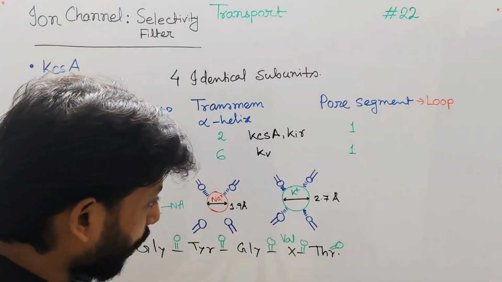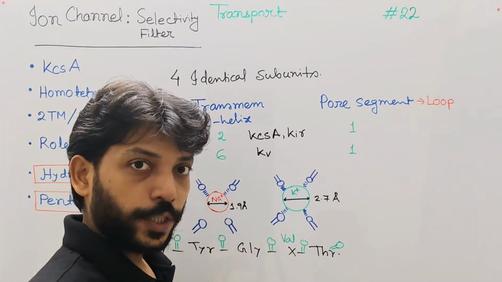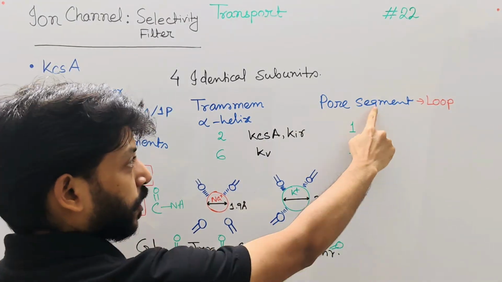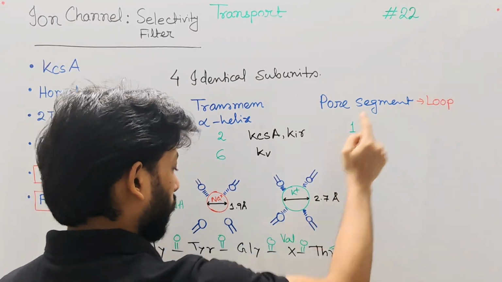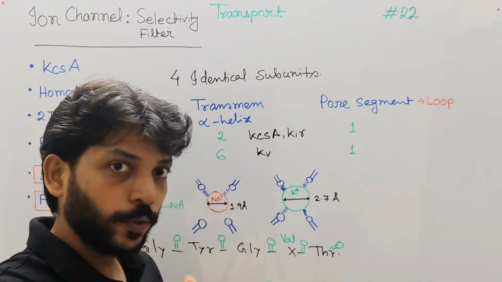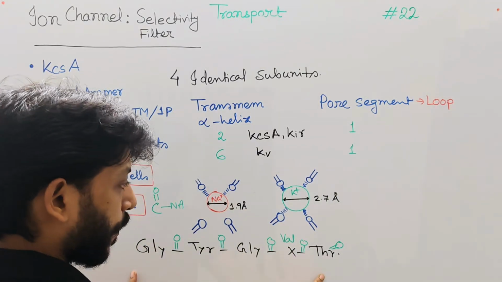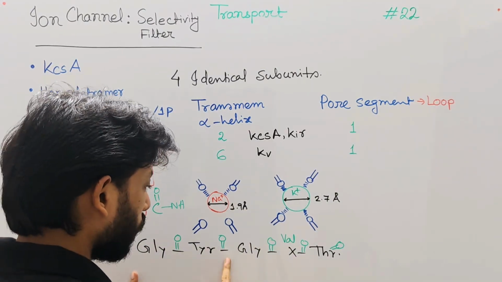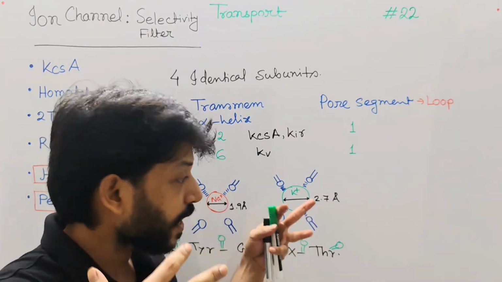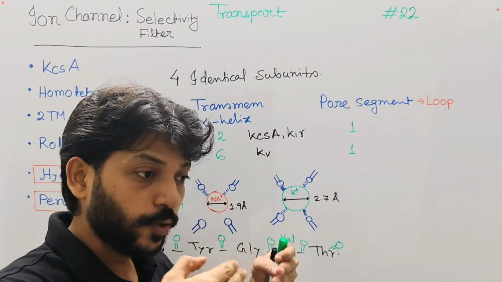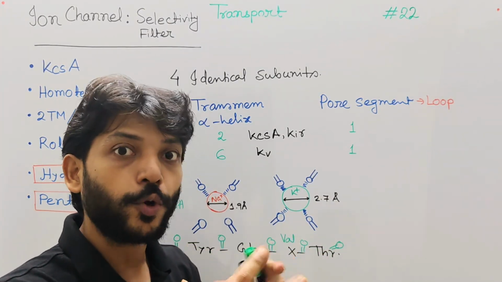So what happens here? There are 4 subunits. Each subunit contains one P segment, that means 1 loop, and each loop contains this pentapeptide. So 4 subunits show this pentapeptide structure, and all this backbone and this threonine side chain contain oxygens. And in the case of potassium channels, these oxygens make a very similar geometry.